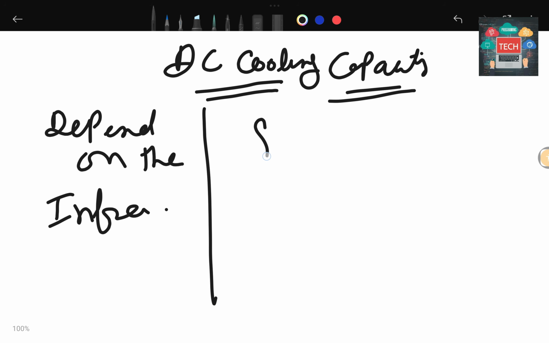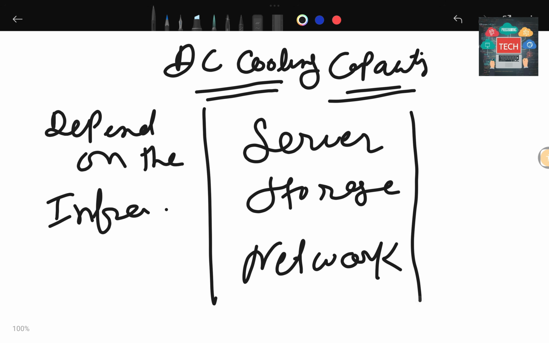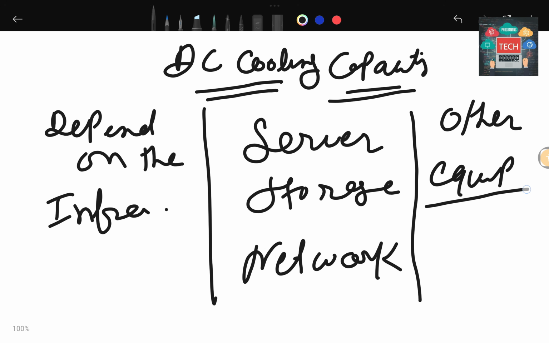This infra includes your server, your storage, your network. Generally these are the infrastructure, and according to this, the other equipment in the data center. Some data centers also include the electrical panel, because there is an electrical panel supplying power to the PDU, power distribution unit, of all the racks. So all these things are there.